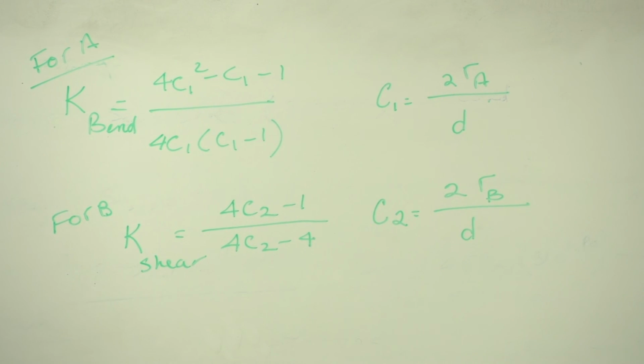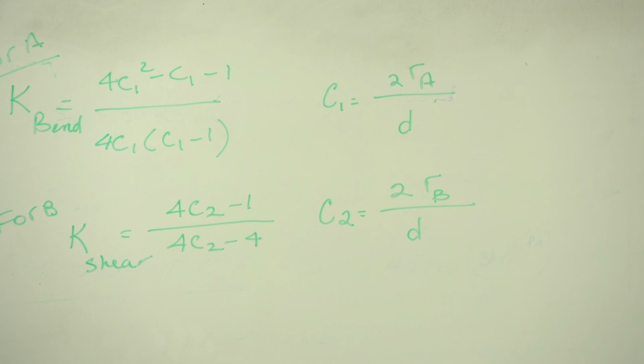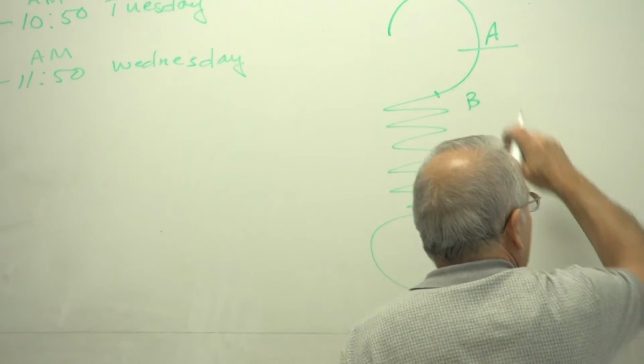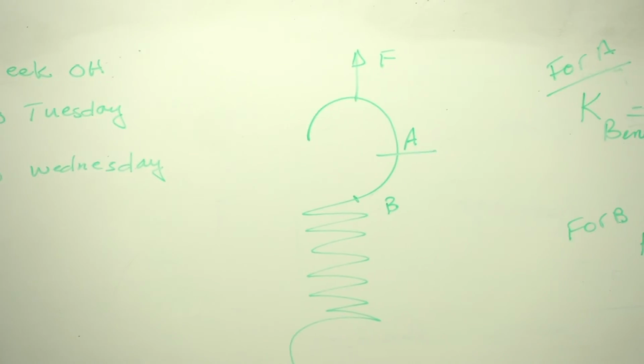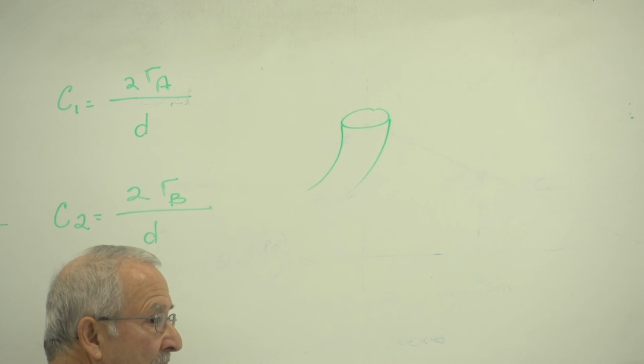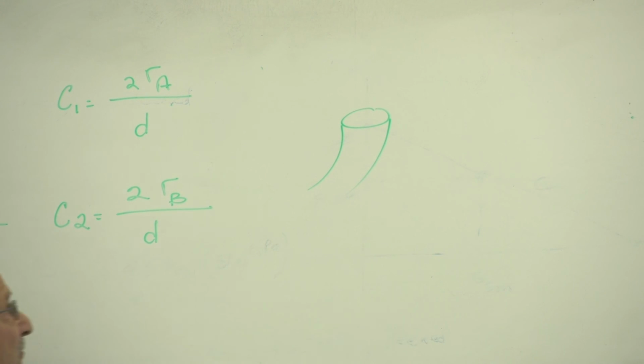Take a look at section A on that picture that I have. Let's draw a free body diagram. Make a cut here. Draw this part, just that part. Isn't there a force here as well?